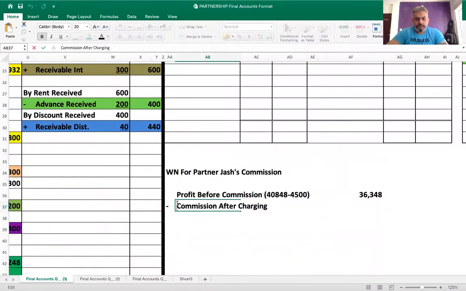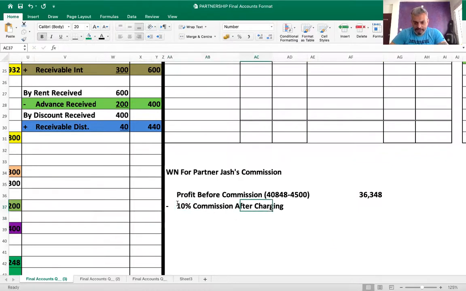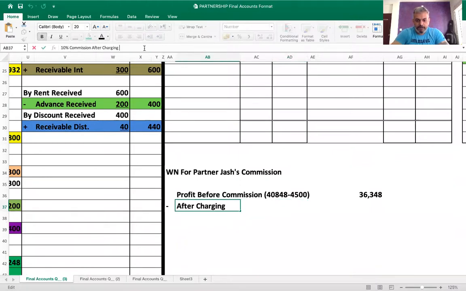So commission 10% आफ्टर चार्जिंग है, तो here we will use the formula 36348 into 10 divided by 110.